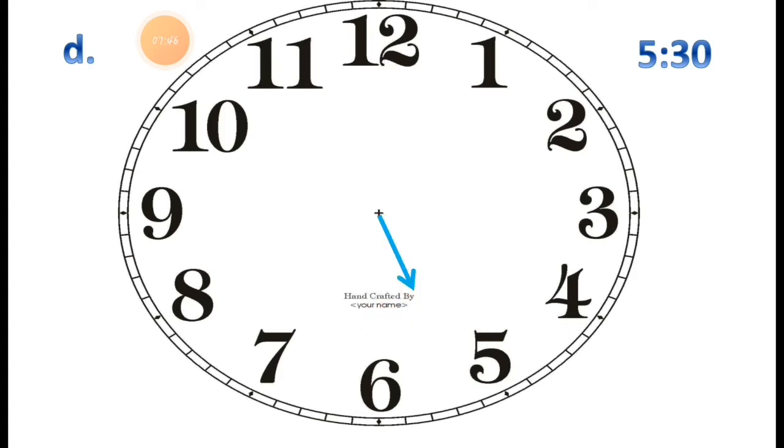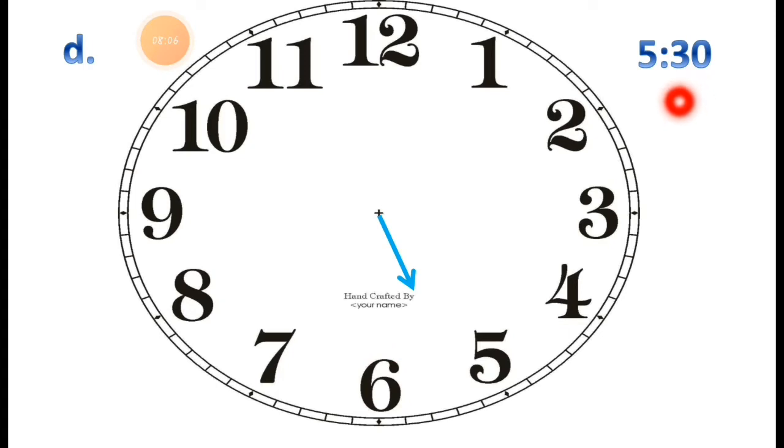Here it is exactly pointing between 5 and 6. You can see I have drawn the short hand which shows the hour between 5 and 6.